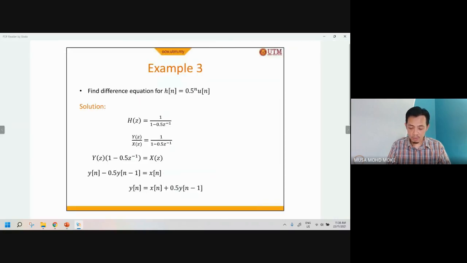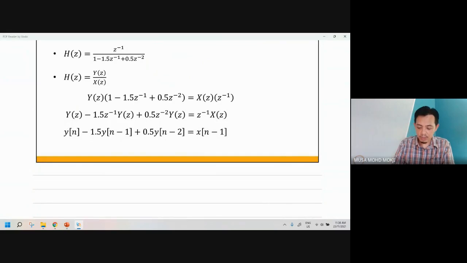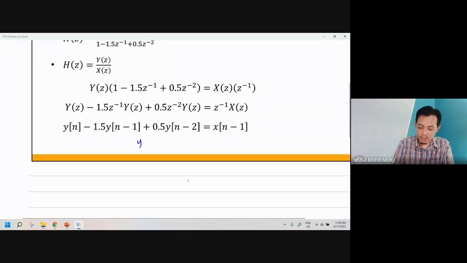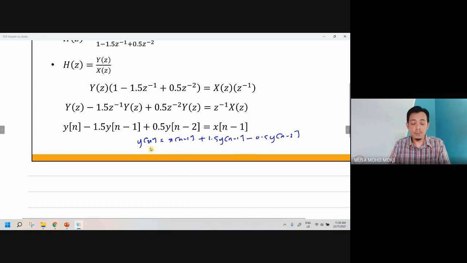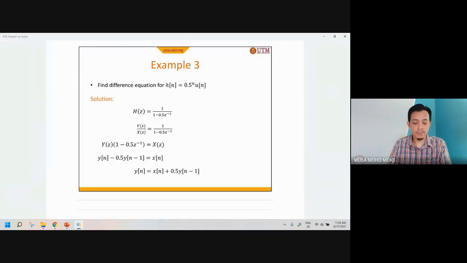Of course, the more normal way we write the equation is x[n minus 1] plus 1.5 y[n minus 1] minus 0.5 y[n minus 2]. This is a more common way of writing the equation rather than this one, but both are the same. No worry, which one you want to write doesn't matter.